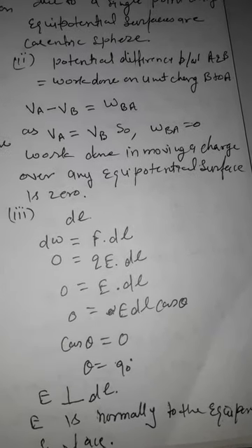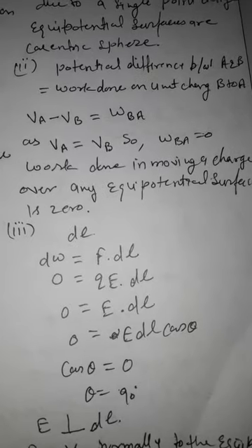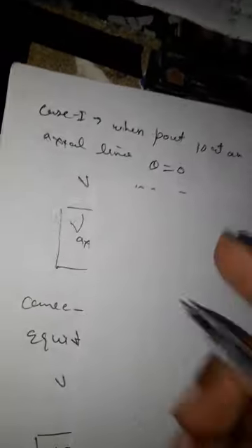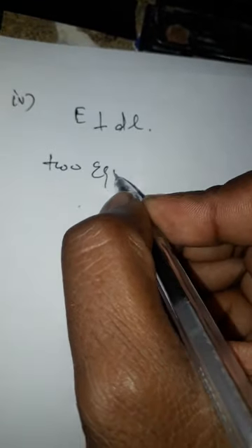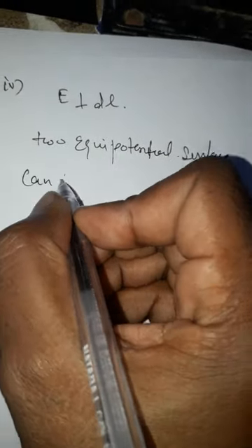The fourth property is that, as we know the electric field is perpendicular to the equipotential surface, two equipotential surfaces can never intersect.